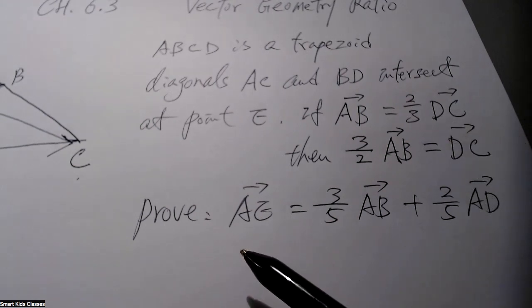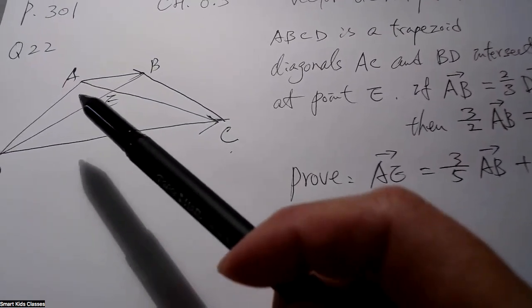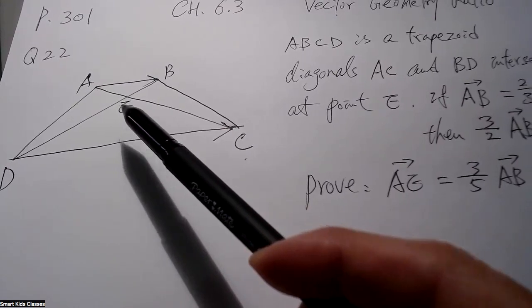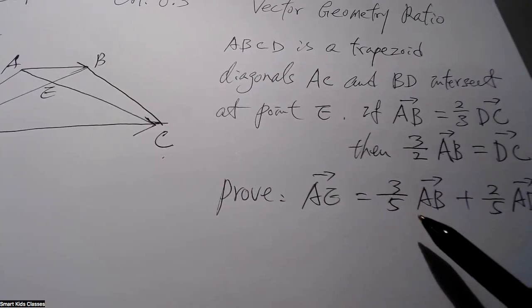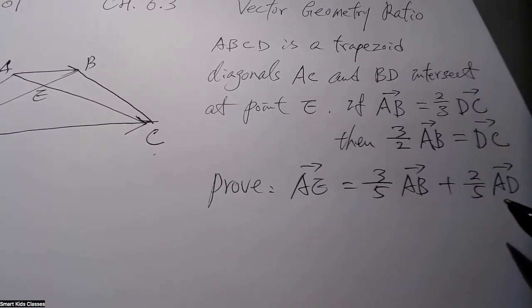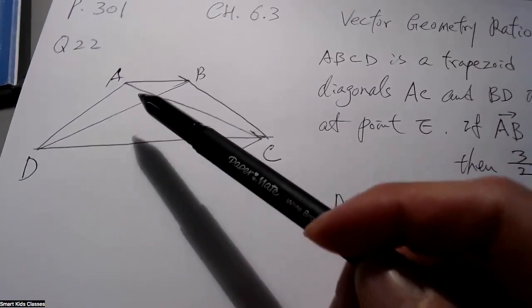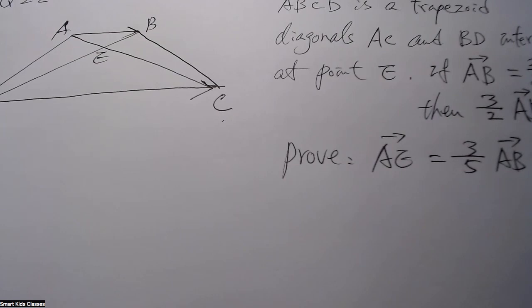Now, the question asks to prove AE. So AE is this portion of the diagonal. It's equal to 3/5 of AB, the top line, and 2/5 of AD, the side line. Now, the first thing we're going to prove is AC.